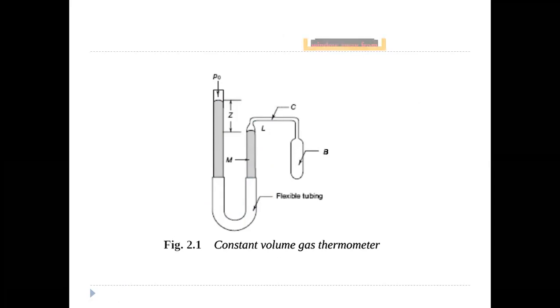Initially, the pressure acting on the other side of the mercury limb is atmospheric pressure.